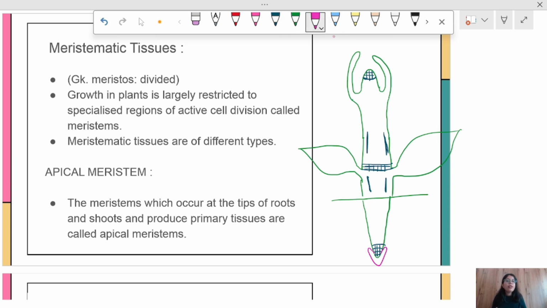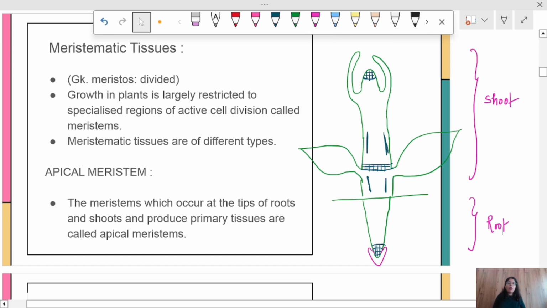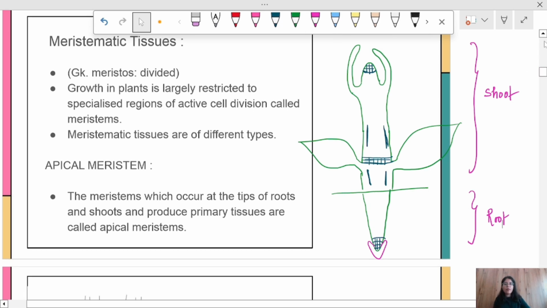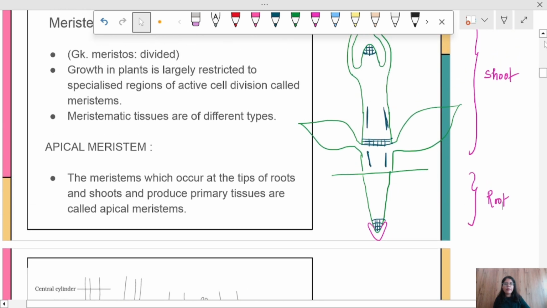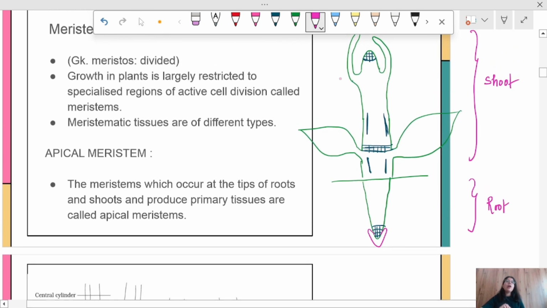Now you can see this entire structure is what? This is the shoot, and here what I have drawn is the root. And this area is what? This is the shoot tip.